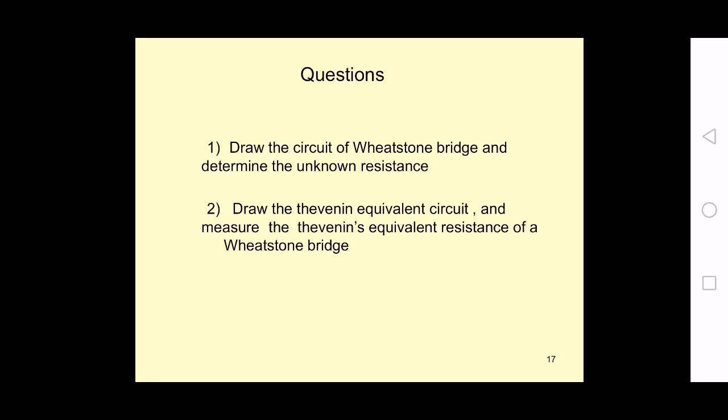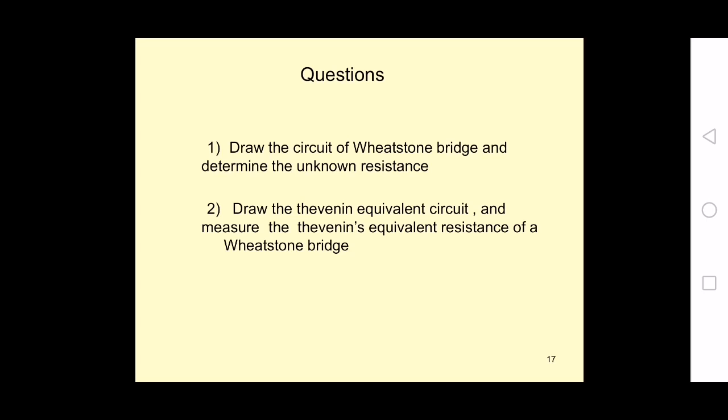And the limitations are: for low resistance measurements, the resistance of the leads and contacts becomes significant and introduces errors. This can be eliminated by the Kelvin's double bridge. And for measurement of high resistance, the resistance presented by the bridge becomes so large that the galvanometer is insensitive to balance.